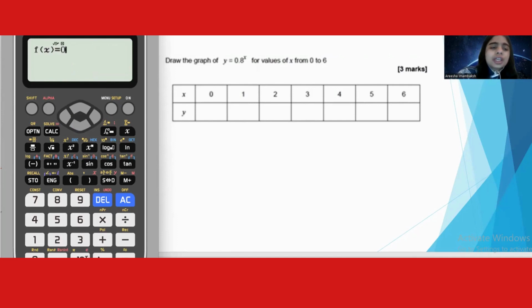We will write this equation, 0.8 to the power x, right? There's nothing for g of x, but we start now. What's the start value? It's 0, so we change it over here. It's 0. It's ending at 6. The step is 1, and we get all the values here for 0, 1, 2, 3, 4, 5, 6, right? So you can just put these values.